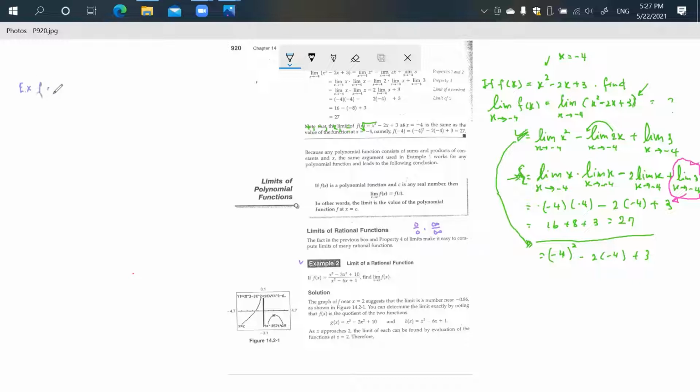Say if f of x equals this function, x cubed minus 3x squared plus 10, divided by x squared minus 6x plus 1.